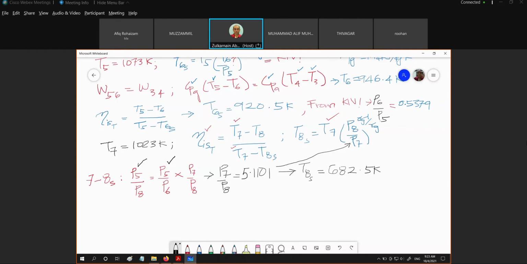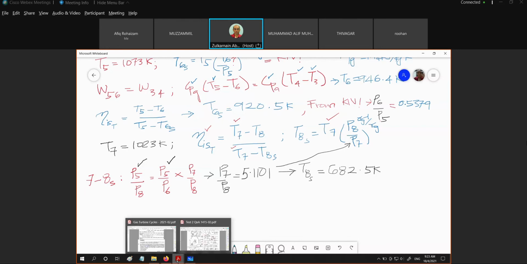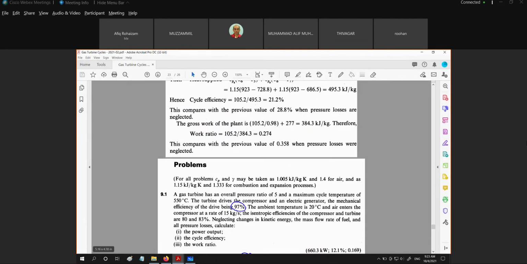So up to this stage, we already have all the temperatures. So what is the first question?